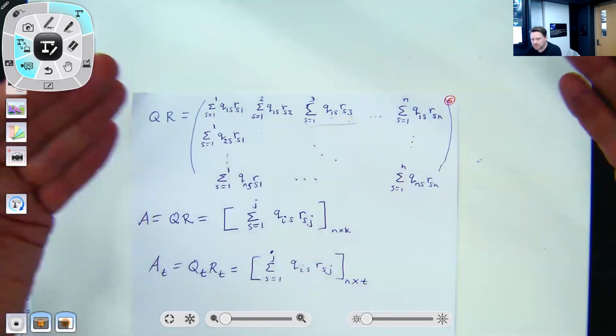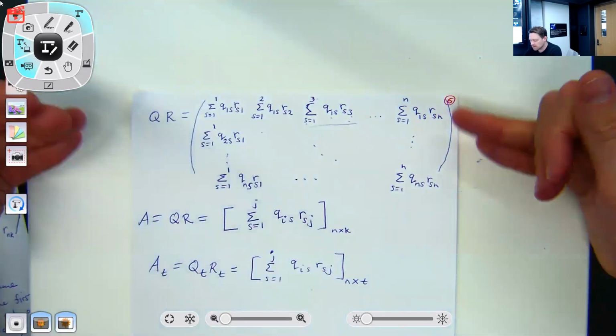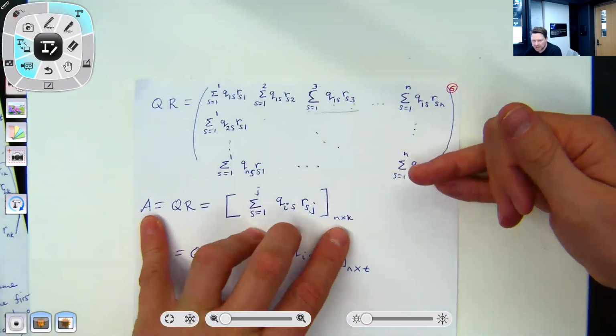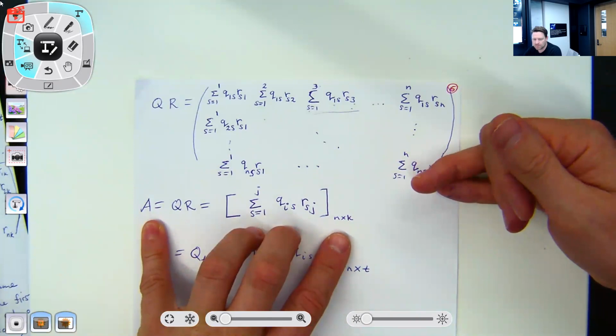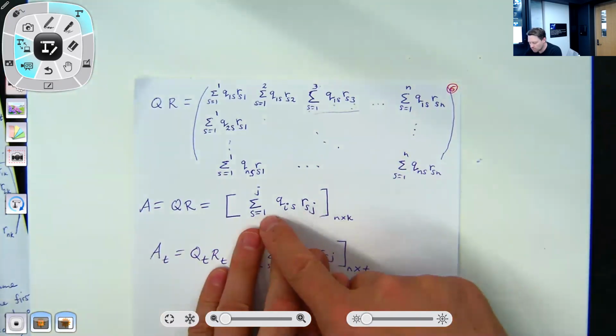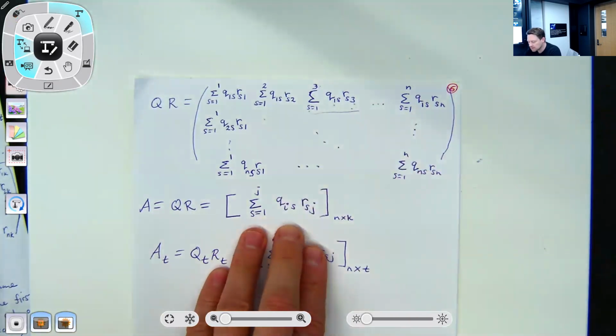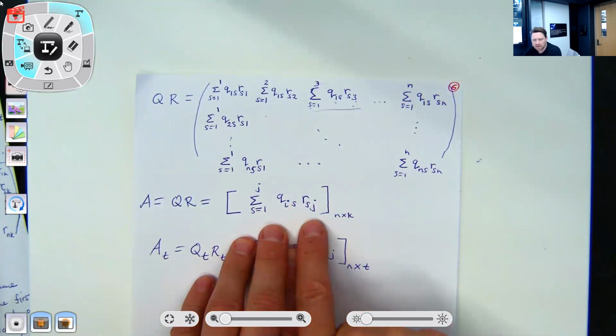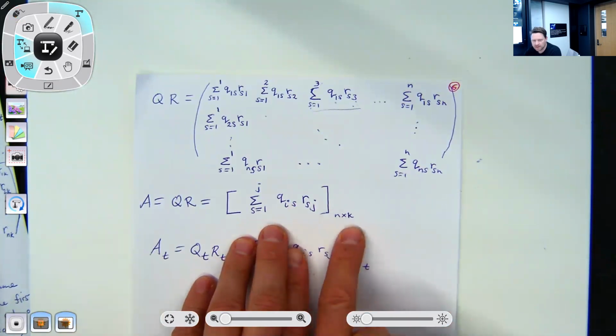And so on. So here we see a pattern in all of this, which you can summarize this way, right? The Aij entry of A, which is the product of Q and R, is a sum as S goes from 1 up to j of QIS times RSJ. And this is an n by k matrix, right?